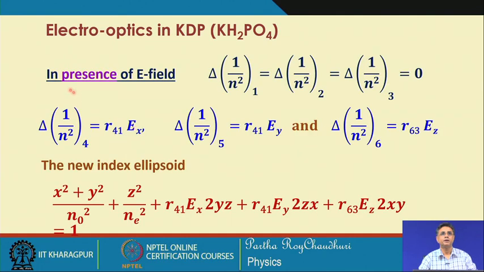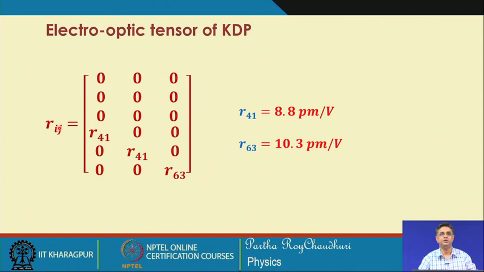Now in presence of the field, these quantities will be equal to 0, because if we use that equation, we will multiply this with E x, E y and E z, and E x will be attached to this, E y will be attached to this, and E z will be attached to r 63, and all other components being 0.